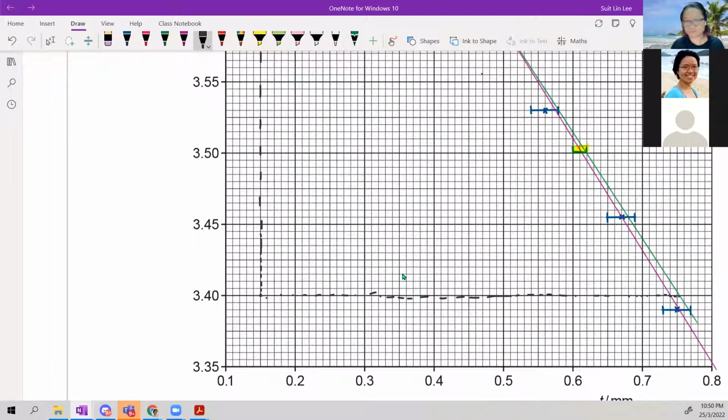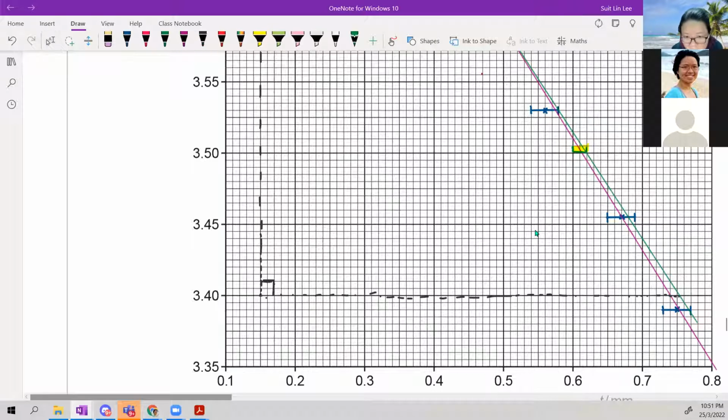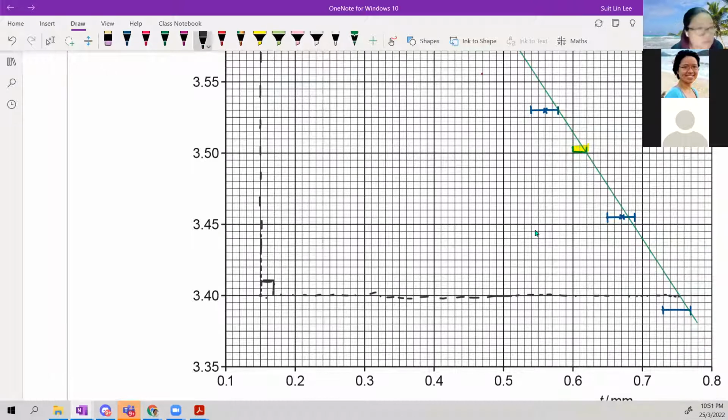I think you plotted your 5th and 6th point wrongly. Did I? Really? Yeah. Let me check the table again. Quite hard to plot on the screen. 0.66, 0.7. Oh, this is a bit to one side. Hang on. Shouldn't delete that line. Okay.